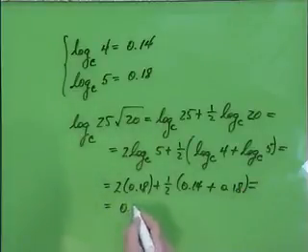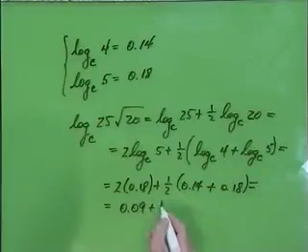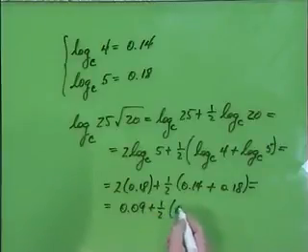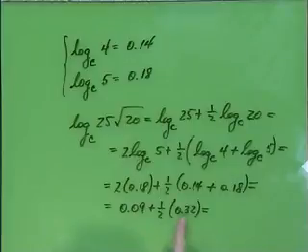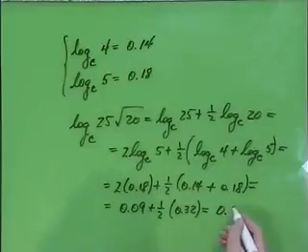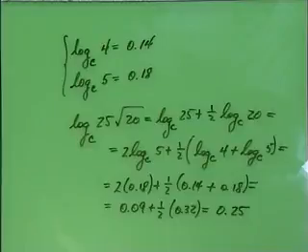And that's 0.09 plus 1/2 of 0.32. What is half of 0.32? 0.16. Now, what's 0.16 plus 0.09? 0.25. You know, that's the same answer we got in an earlier problem, but that was for a different base as well. Yes? 2 times 0.18, 0.09.